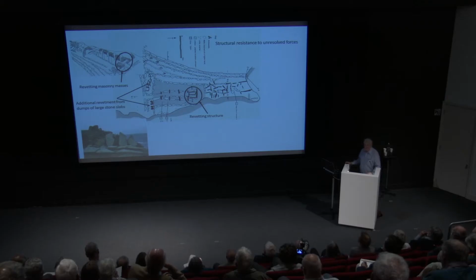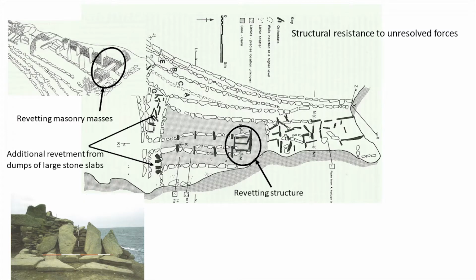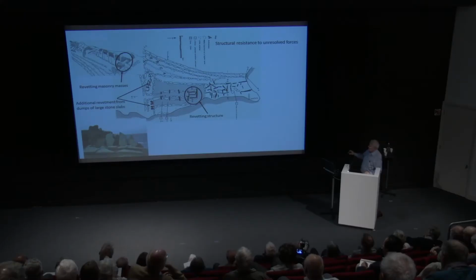And the question that strikes my mind is this, is that why we have blocks of masonry built outside the chamber here, and of course at the back end, the unresolved side force is prevented from pushing out the back end of the chamber by the bulk of the long cairn back here.